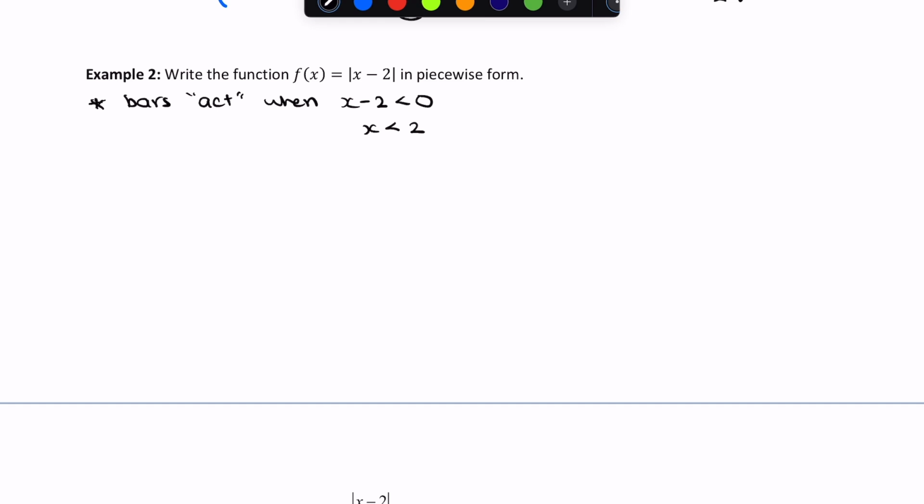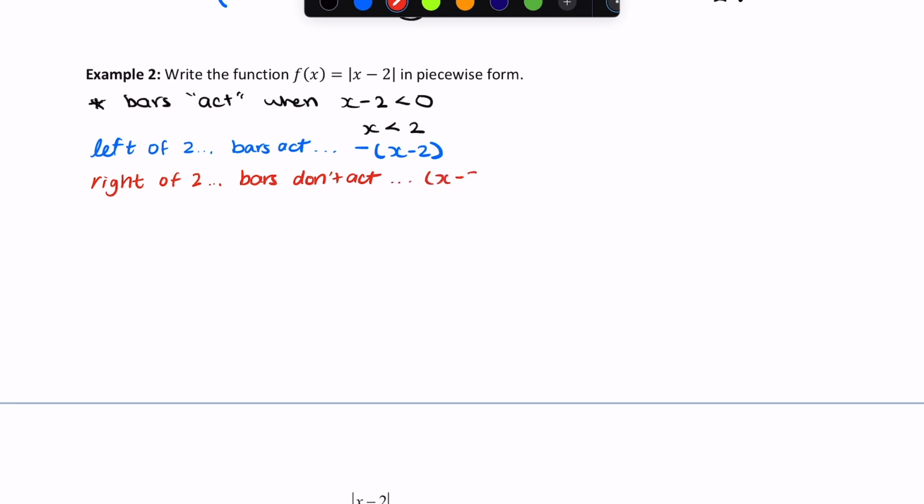So again, if it's left of 2, then the bars will act. Therefore, we see that it's going to be negative x minus 2, as you saw there. If it's right of 2, then the bars do not act. And here, that would be just x minus 2, as it was in the absolute value function.